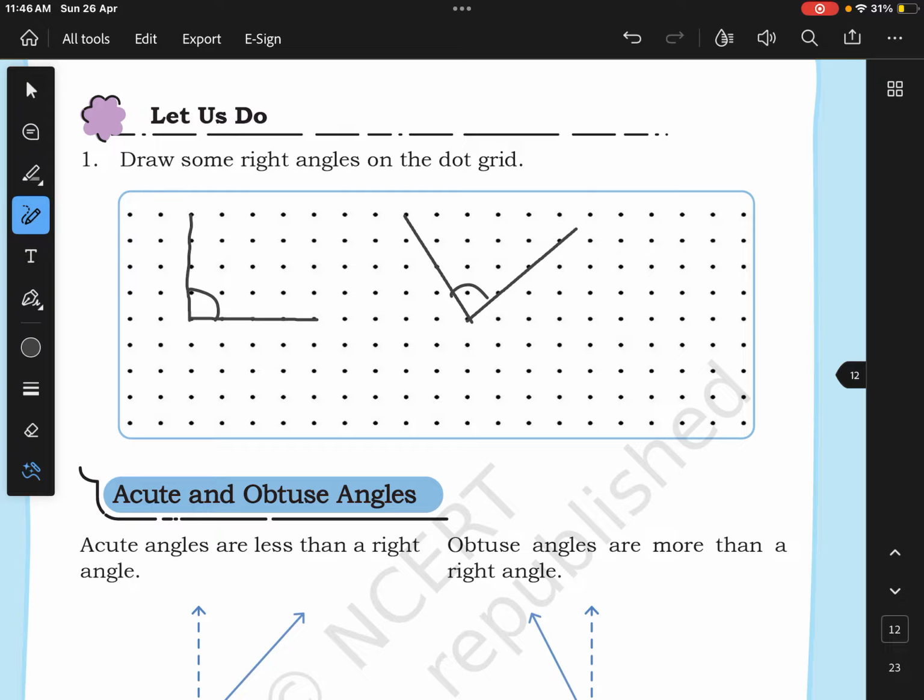So it can also be a right angle. Then we can do something like this and like this. So here it is making a right angle. So I have shown you 3 ways of creating right angles in this dotted grid, right?